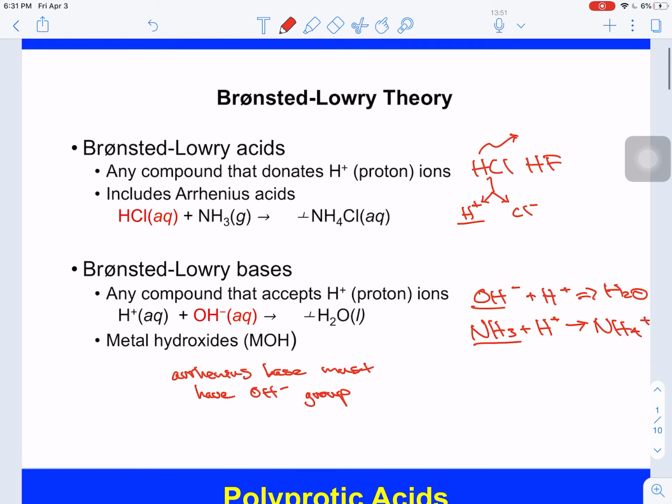So something like KOH can dissociate into OH minus, so it is an Arrhenius base, and this also can accept an H plus proton, making it a Bronsted-Lowry base. However, something like NH3 is a Bronsted-Lowry base, but not an Arrhenius base because it doesn't have an OH group.